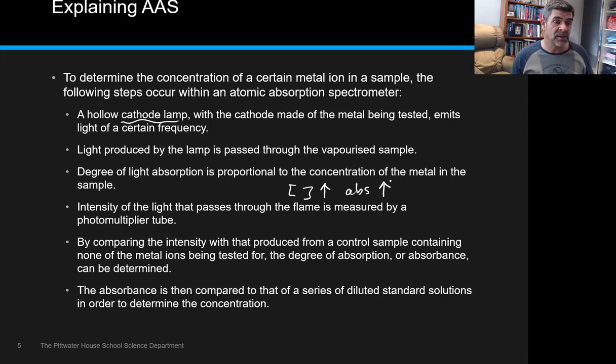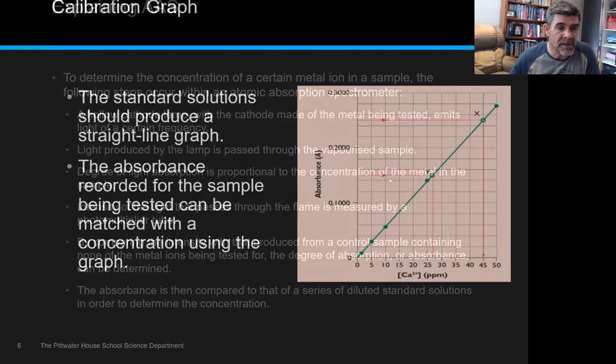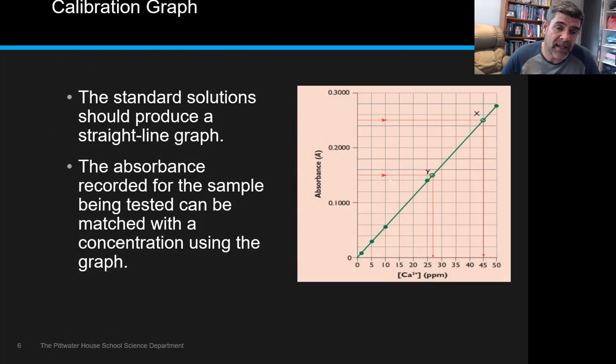The intensity is measured, and comparing the intensity with control samples with different concentrations, we can start to build up a picture of different solutions and their various absorbances, which we can then compare with our unknown. So this allows us to produce a calibration curve, and this is no different to the one that you saw before. You can see this one has two different values which we have used our calibration graph to interpolate.